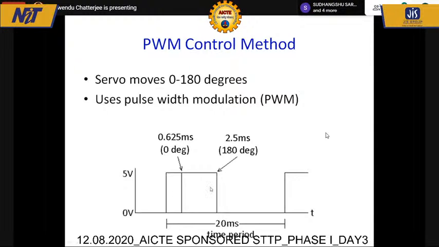So we will control this pulse width and set the angle of the servo. This is how it is controlled. Now, how to set this time period and control the pulse width is our main objective of today's lab. Once we can set these things, if we connect the servo, it will operate automatically.